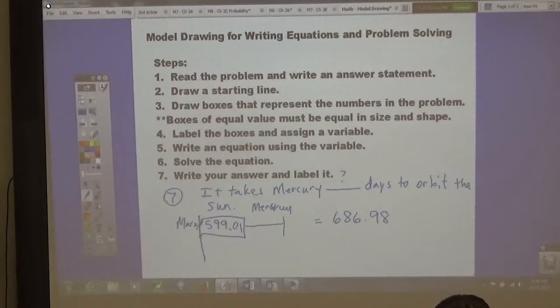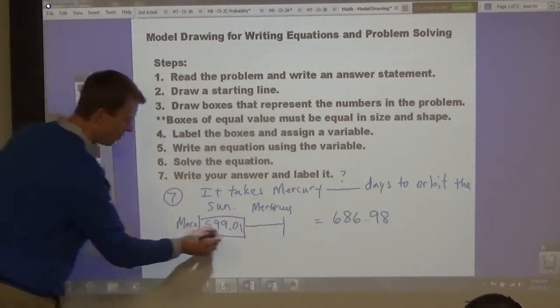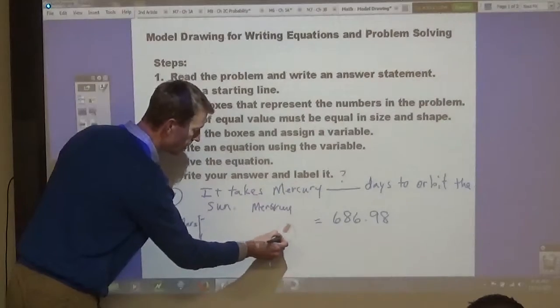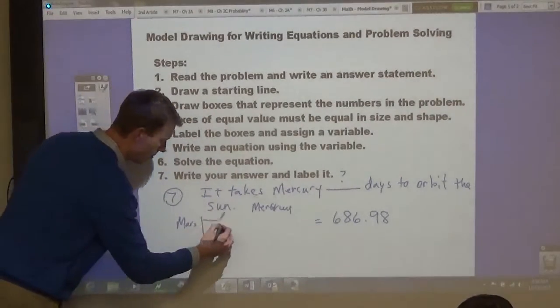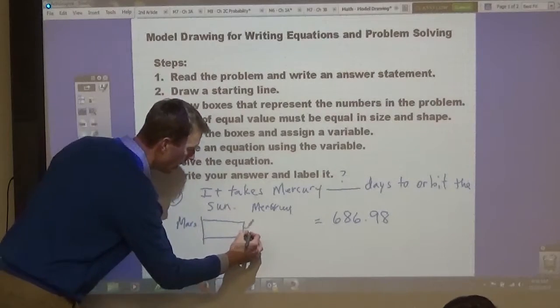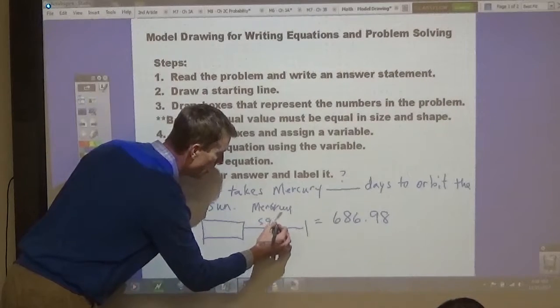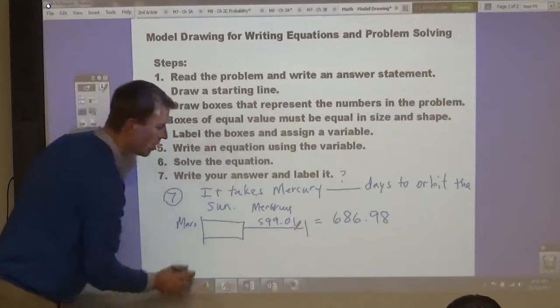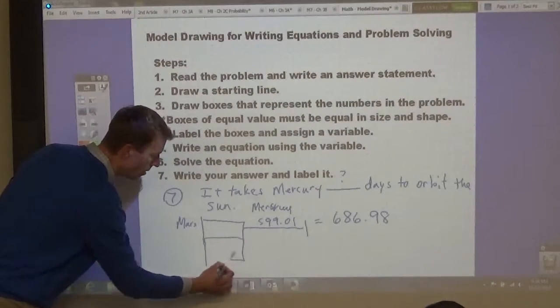In all, the Mars orbit takes 686 days. Oh, that's not right either then. So the Mars orbit takes 686 days. And it is 599.1 days longer than Mercury, right?